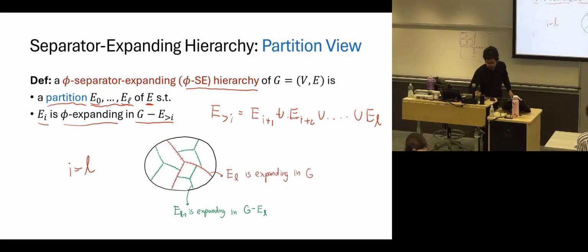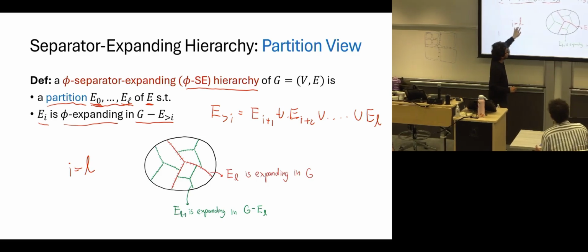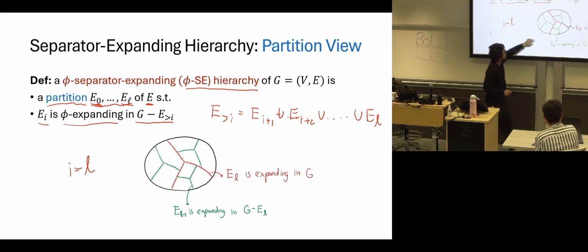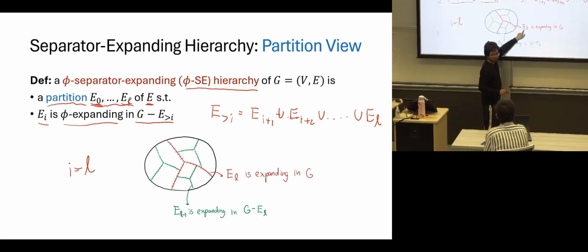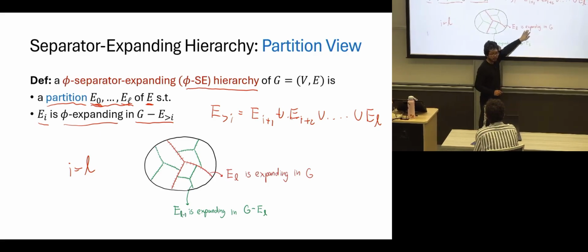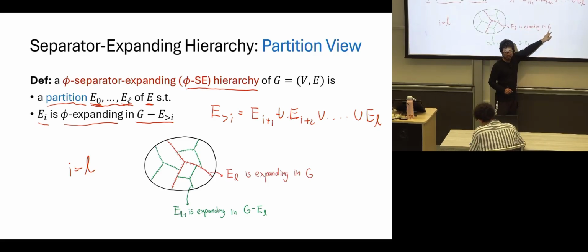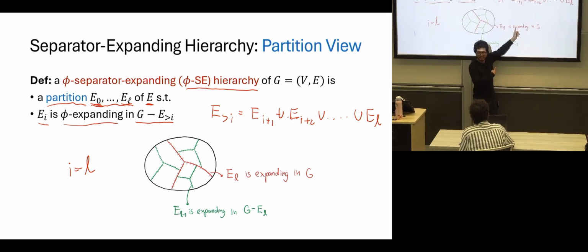We have level 0 up to L, right? For the last level, it means that EL is phi expanding in G because there's nothing beyond level L. So this is the same thing as the red set in the previous slide. So EL is a separator of G.